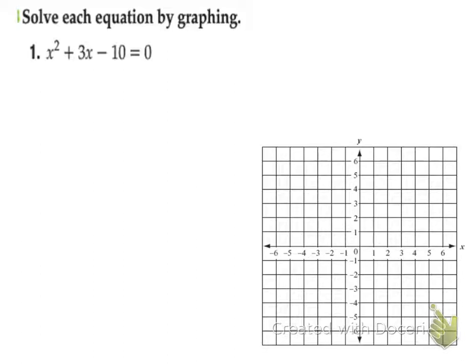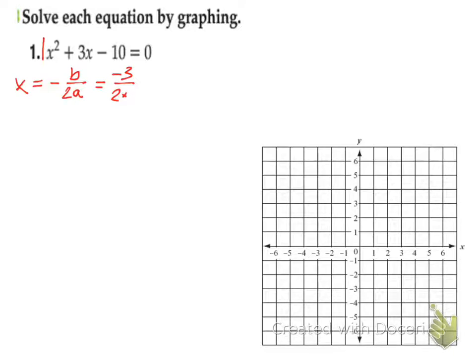All right, so we got x squared plus 3x minus 10. Remember, step 1 is to find the axis of symmetry. X equals negative b divided by 2a is our formula. So that means I'm solving negative 3 divided by 2. What's my a? Well, I've got an invisible 1 right there in front.